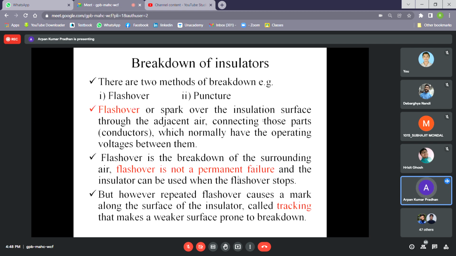At which voltage it is occurring, this voltage is known as the flashover voltage. And this flashover voltage is the most critical thing in the case of insulators.